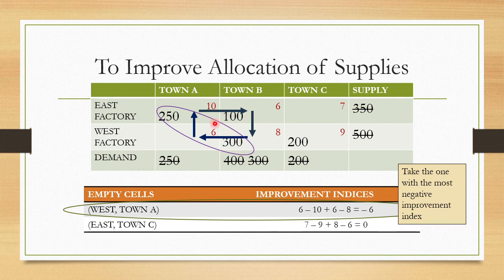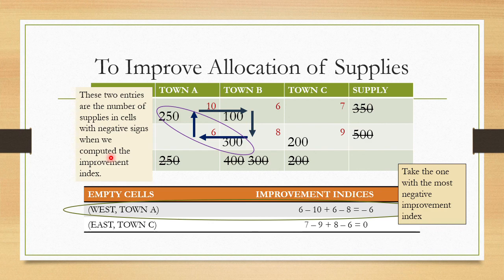Now what this oval means is we will move objects from these cells. Now the question is, how many boxes of chocolates should we move in order to get the most deduction in our transportation cost?